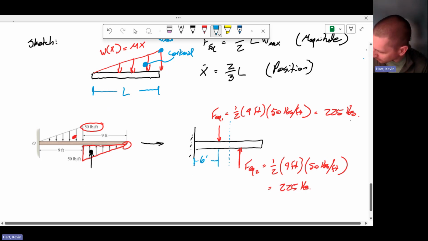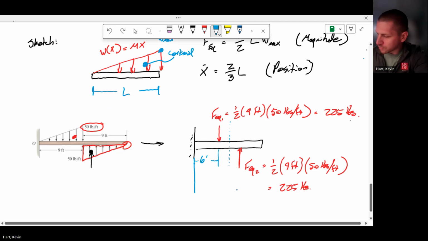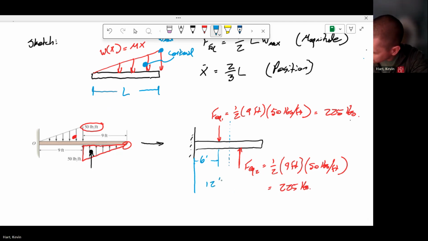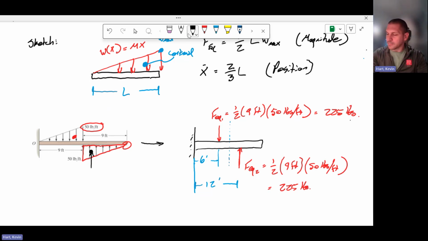So if we want to measure kind of from the left-hand side, which I think might be helpful here, this distance is 9 feet, and then we're going to add an additional 3. So it's going to be 12 total from the left. And there you go. That's the location of our equivalent force. I drew this a little bit misleading. There you go. Okay, so that's linear distribution. Starting at 0.